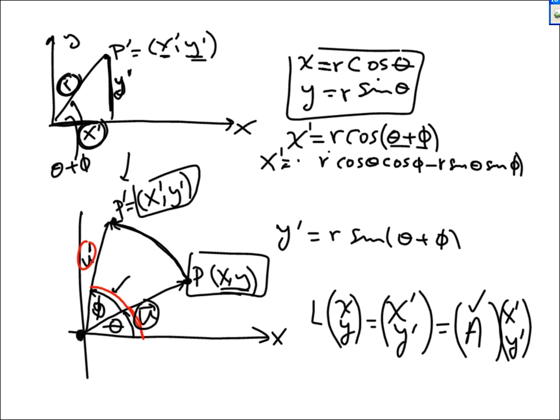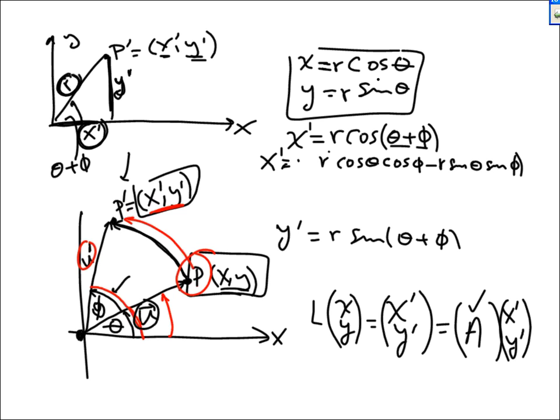Why? Because when I have point P at the bottom, I don't want to know what that angle is. I just want to say, hey, I have point P and I rotated theta degrees. What's that new point? I don't want to have to figure out what angle theta is.